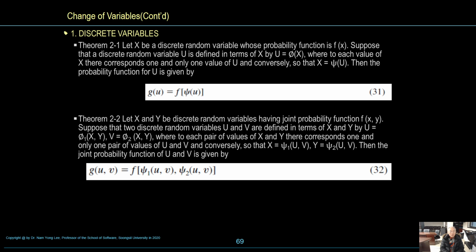Then the probability function for U is given by g(u) = f(ψ(u)).